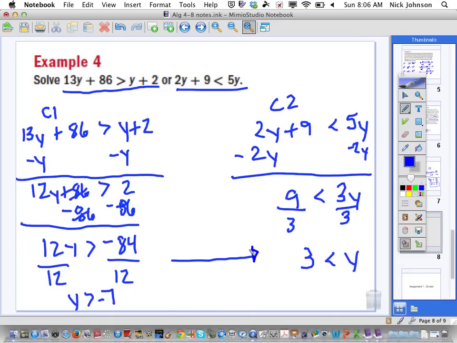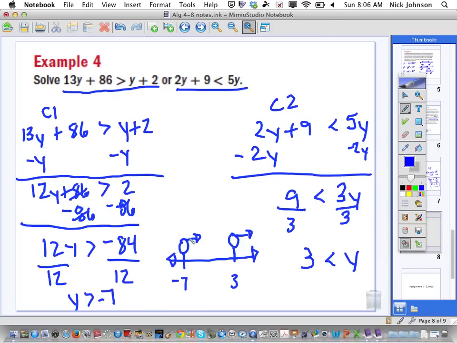So on my inequality, I have negative 7, open circle. It wants all numbers that are greater than, so I know that's going to the right. This says y is everything that is greater than 3, so at 3 I have an open circle, everything that is greater than.